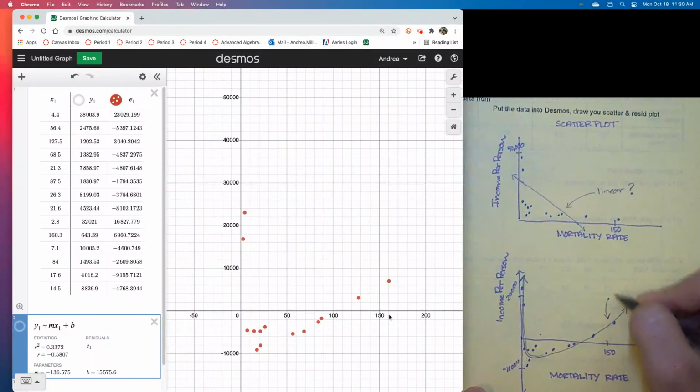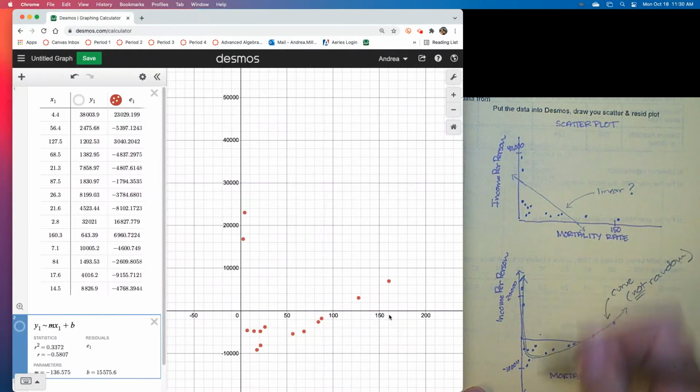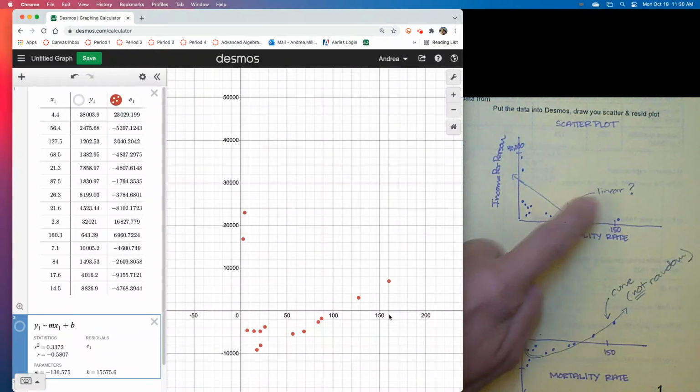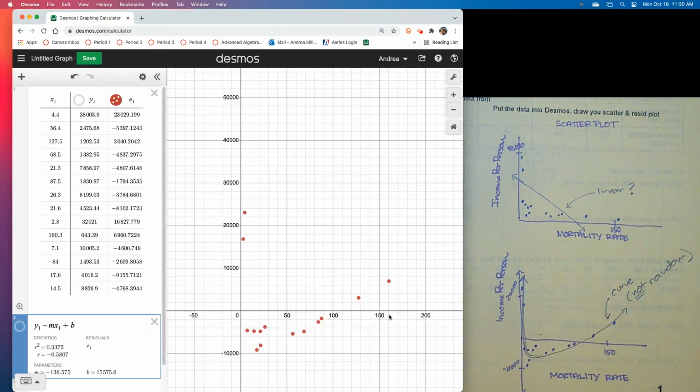So when I'm seeing a curve here, this is definitely not random, right? I'm not getting that random, sporadic, all over the place pattern in my residuals. And so what this is telling me is that my hunch about linear being the best fit is probably correct. Linear is not really an appropriate model for this data.